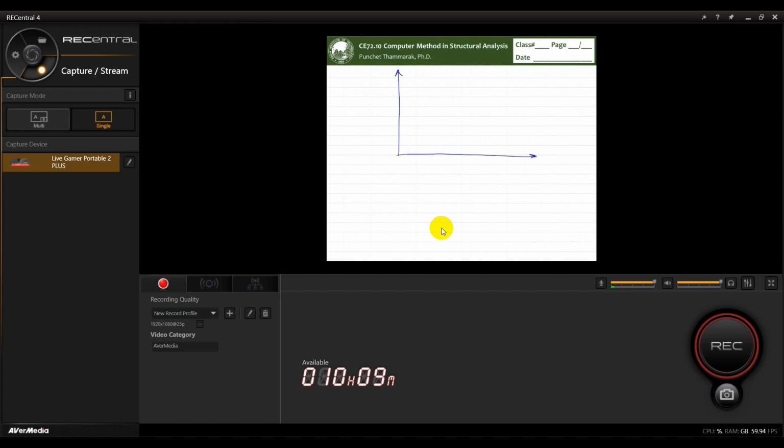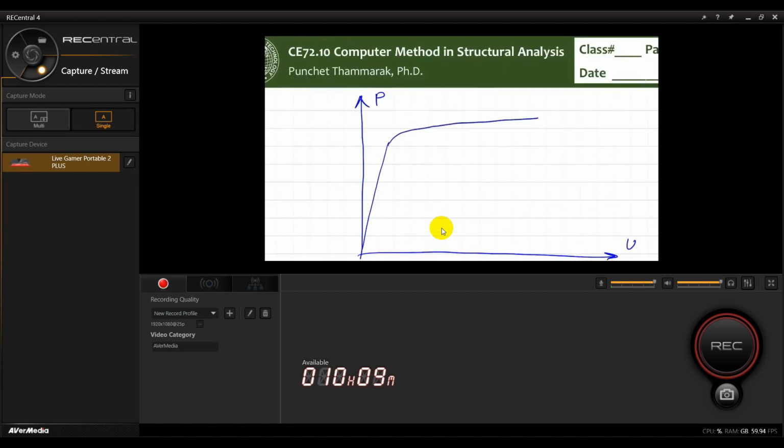This is the deformation U, this is the load P. I told you that you might end up with a situation like this. And for the magnitude of the horizontal force that is applied, I first start with 0.1 P. If we vary it to 0.5 or 1 P, you'll end up with different curves.